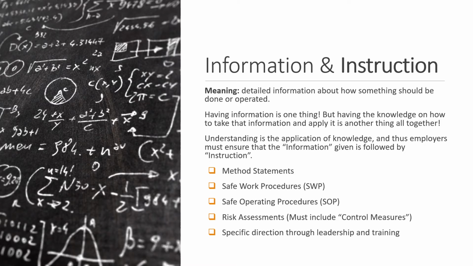Understanding is the application of knowledge, and thus employers must ensure that the information given is followed by instructions. This can be done through specific method statements, safe work procedures, safe operating procedures, risk assessments that include control measures, and specific direction through leadership and training.